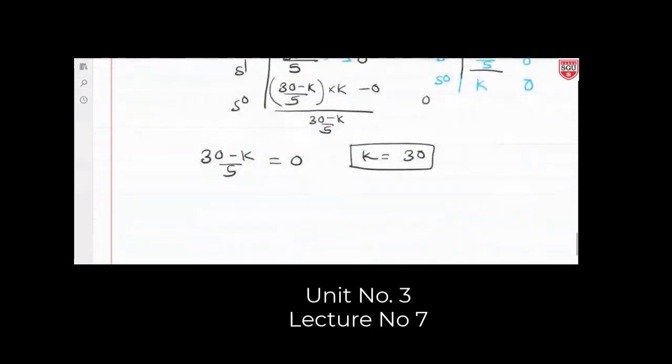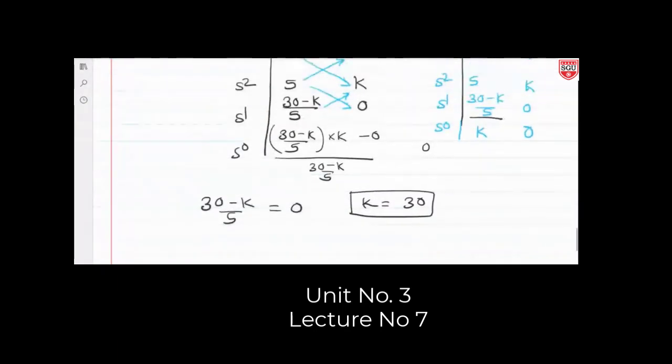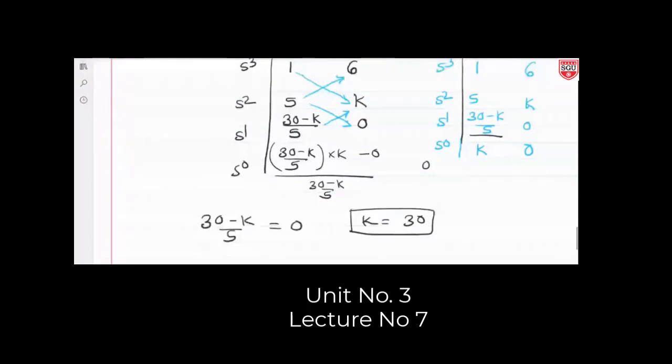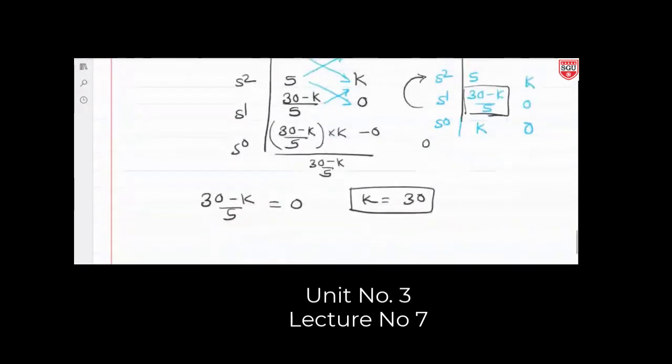And we have to find out the values of s. To find the values of s, we have to write the above equation. That means if k is present here, we write the row above: 5s square plus k is equal to 0.